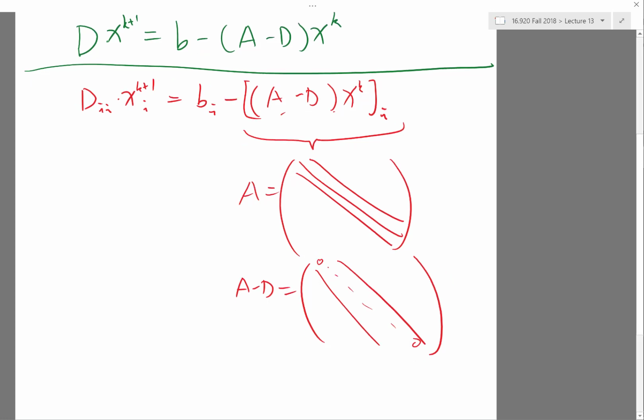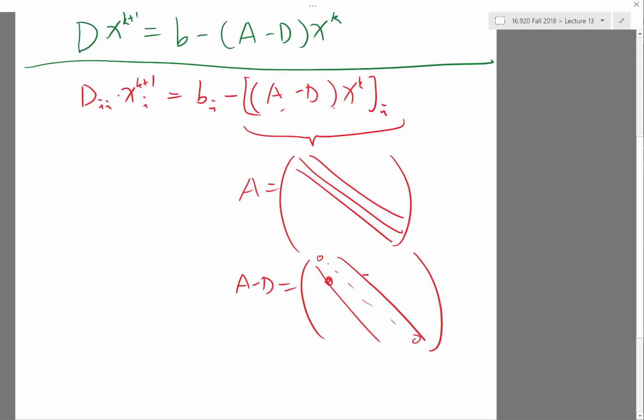So that's basically A minus D. And in Poisson's equation, A minus D involves taking 2 neighboring grid points, multiplying them with some number in the matrix, and adding them together.